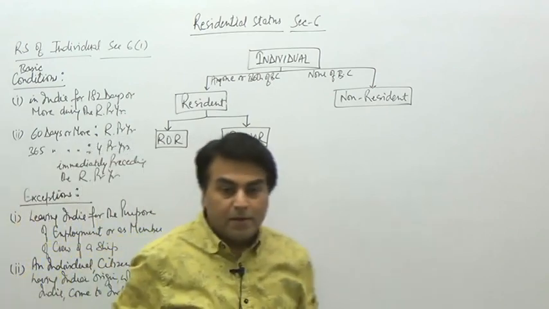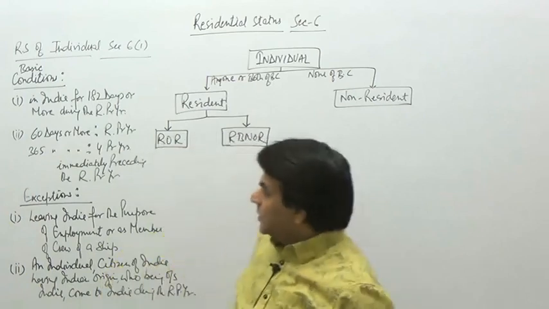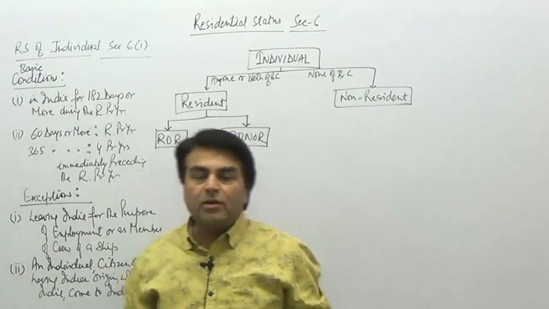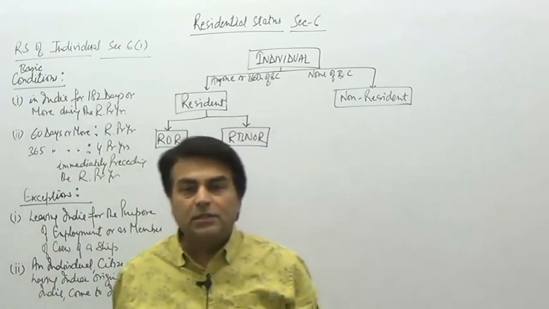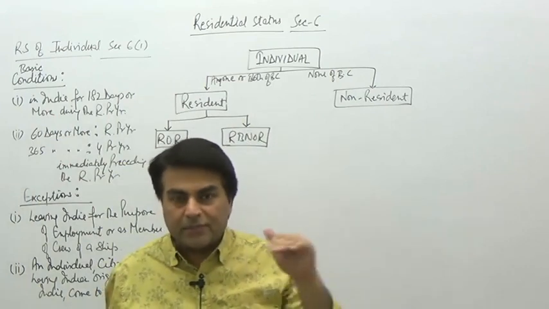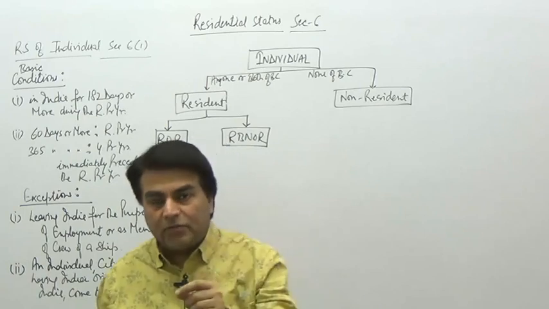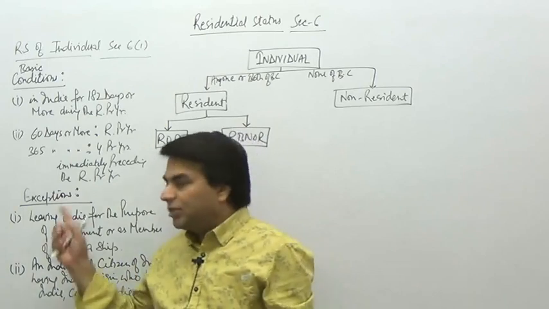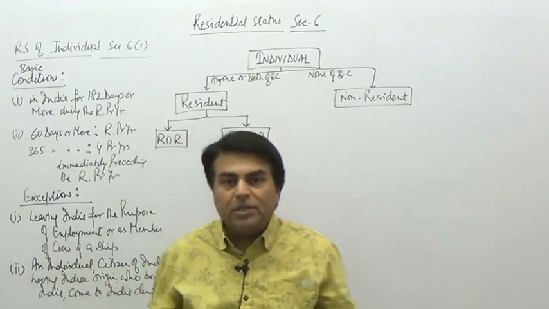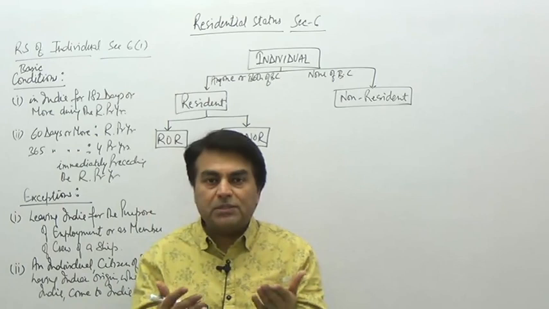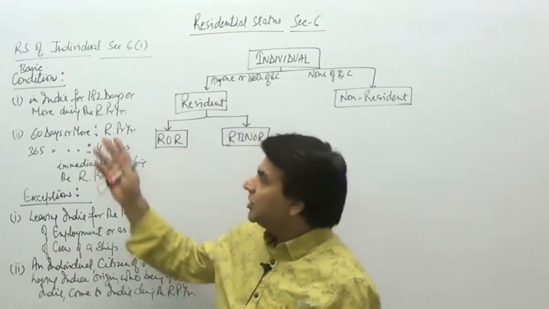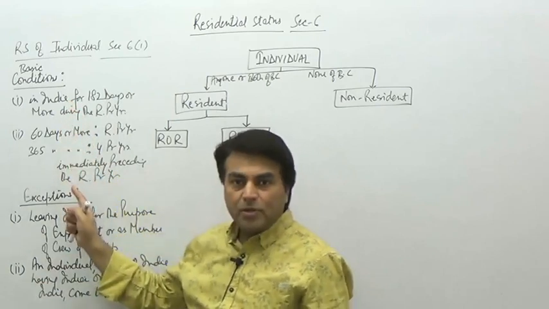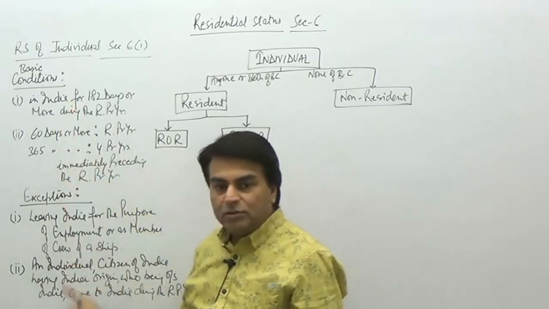Now please see, let me again tell you, these two are the basic conditions which you need to apply on an individual to work out his residential status, first level of residential status, whether he is a resident or a non-resident. Okay, but I told you that there are these two exceptions. The exception conveys that these two basic conditions would not be applied this way on such individuals.